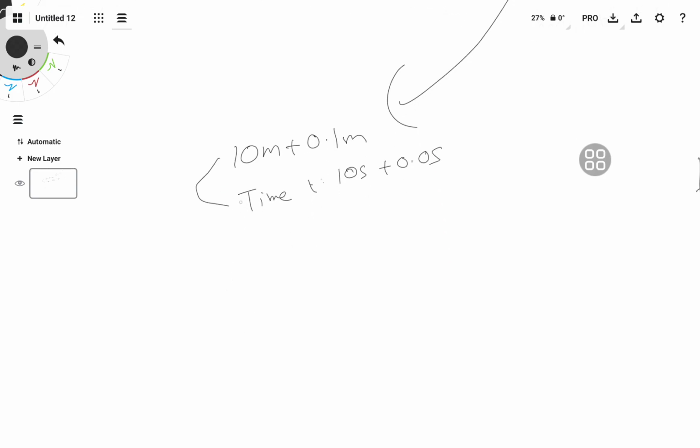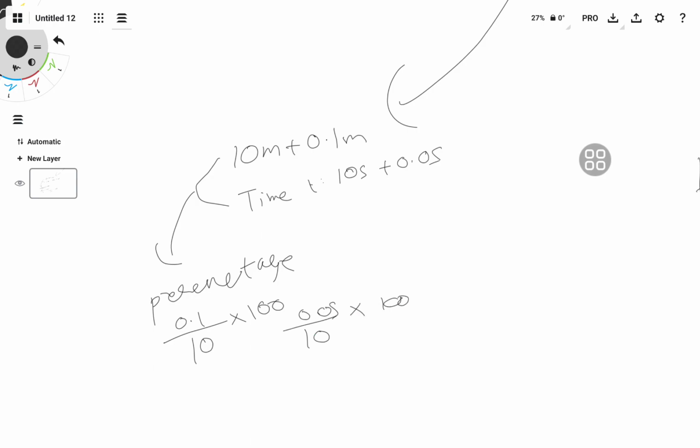If we have to take percentage uncertainty, then we divide 0.1 by 10 and multiply by 100, and 0.05 by 10 and multiply by 100, and add the values together.